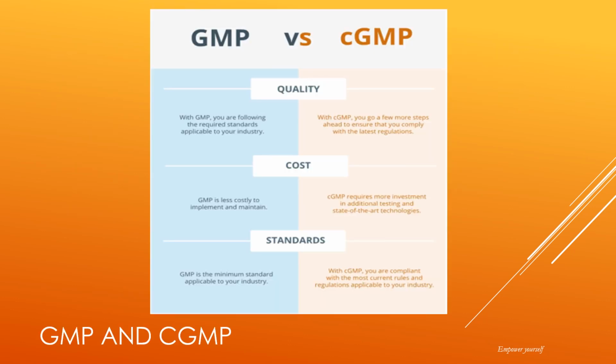Let us see GMP versus cGMP when they go hand in hand. When it comes to quality, with GMP, you're following the required standards applicable to your industry. With cGMP, you go a few more steps ahead to ensure that you comply with the latest regulations.